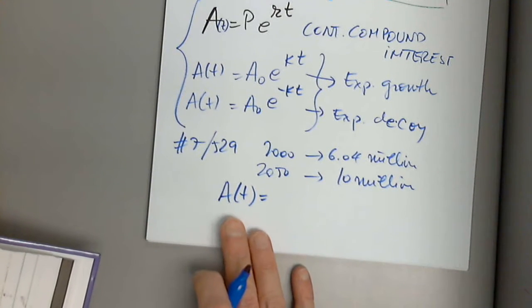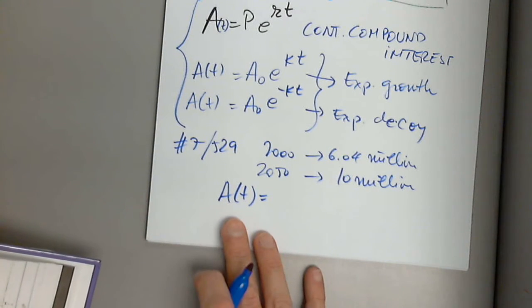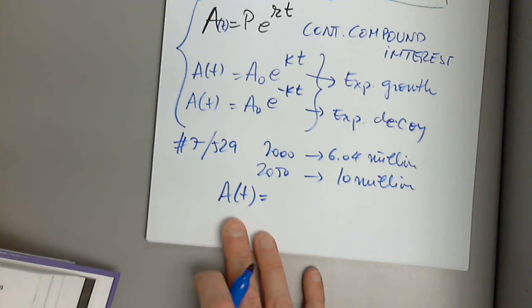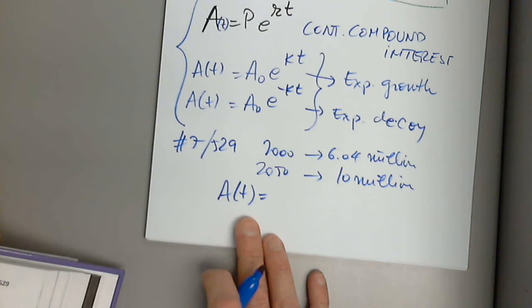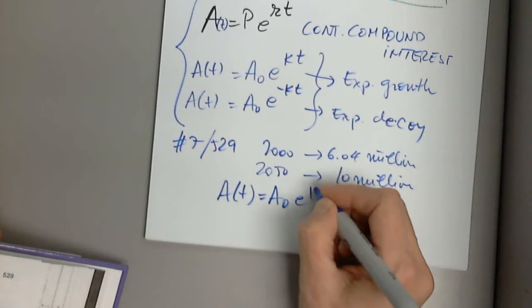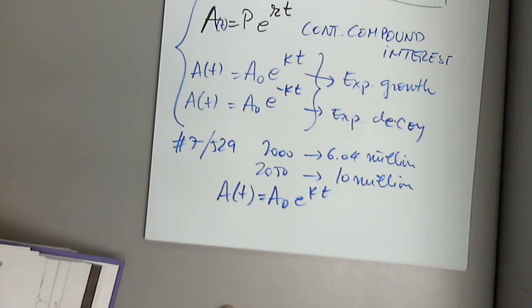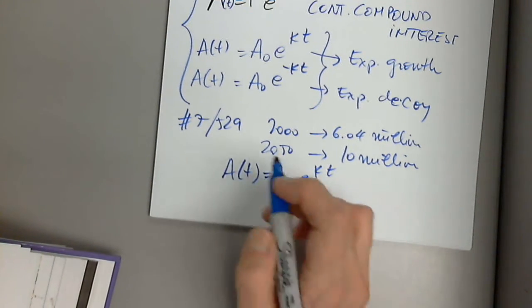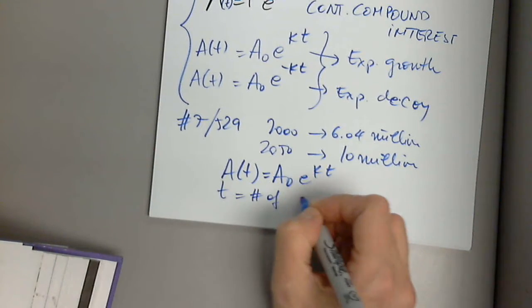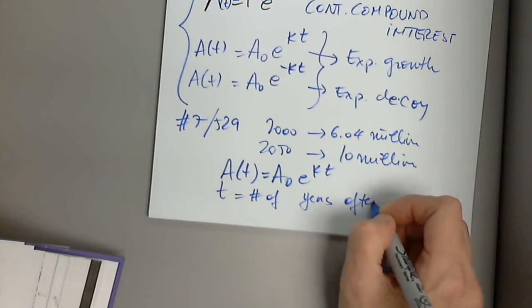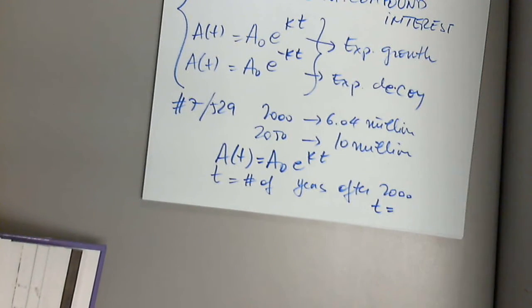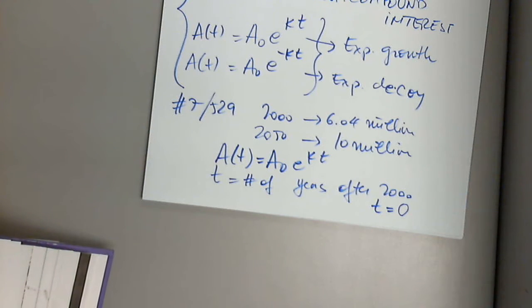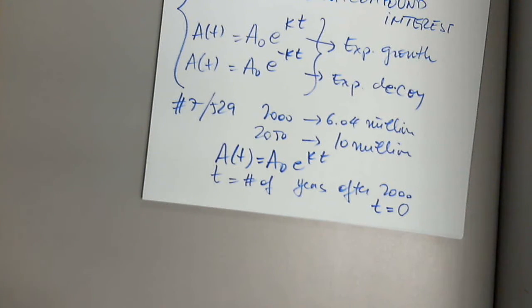My math lab uses A of t, a function that is clearly a function of time, equals A0 e to kt, in which t is the number of years after 2000. Which means t equals what for 2000? 0, of course. Find an exponential growth function that models the data.